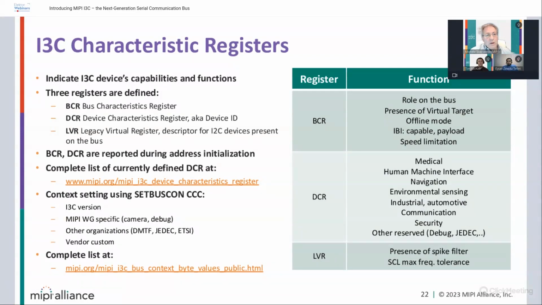You can query, and we have tables publicly available on the MIPI site where you have all the currently defined codes. A target can identify itself as an accelerometer, a gas sensor, a security device, or whatever. And here are the links to the currently defined device codes.